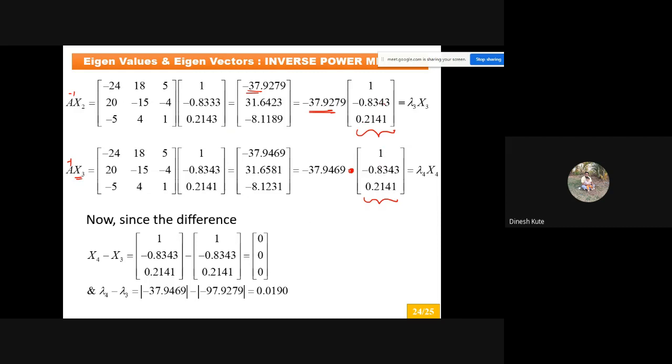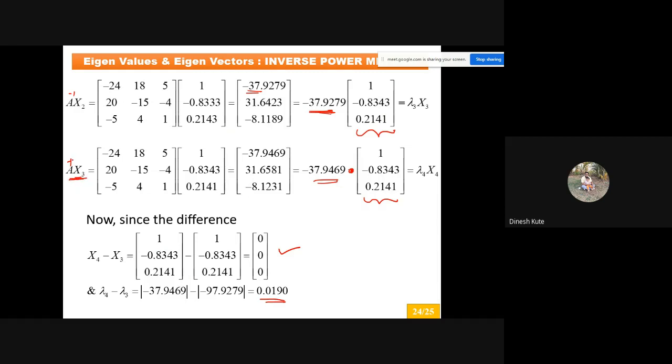Therefore, you can stop this iteration process here. If I check, the difference x4 minus x3 is exactly 0, and the difference between these eigenvalues is also negligible. So you can stop the iteration at this place.